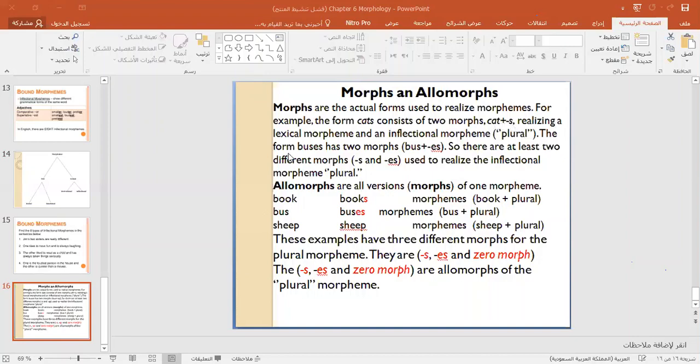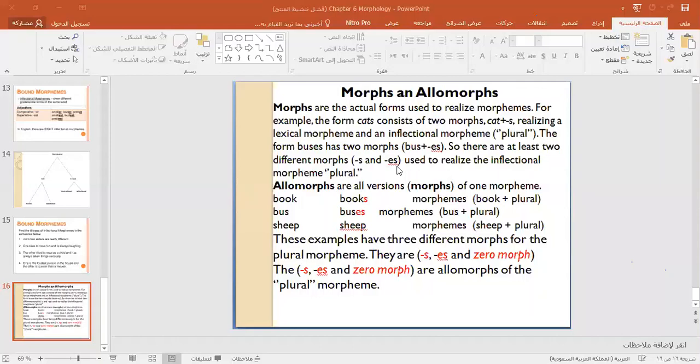The form buses also has two morphs, bus plus es. So there are at least two different morphs, s and es. These two different morphs represent one morpheme, used to realize the inflectional plural morpheme. The plural morpheme can be realized as es orthographically.